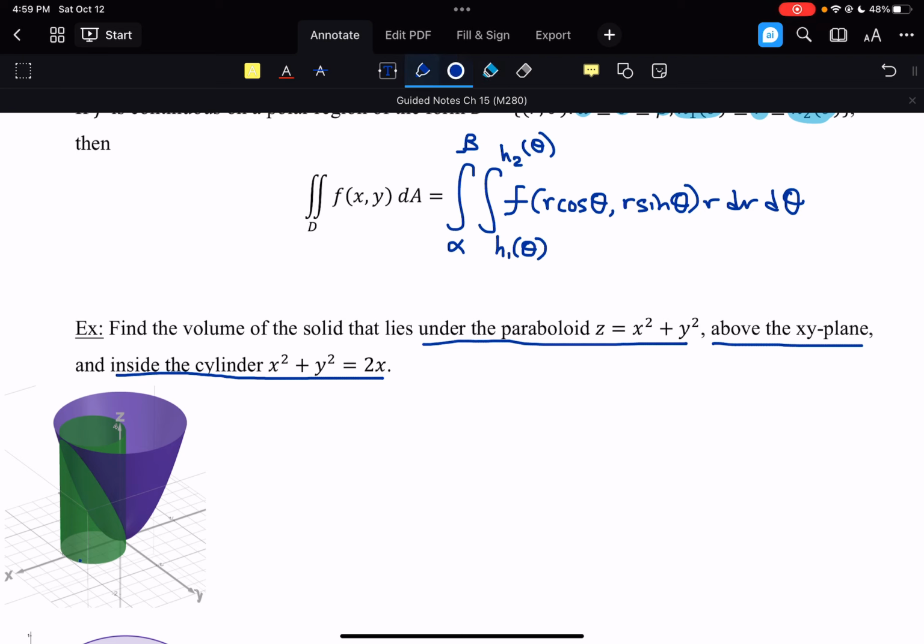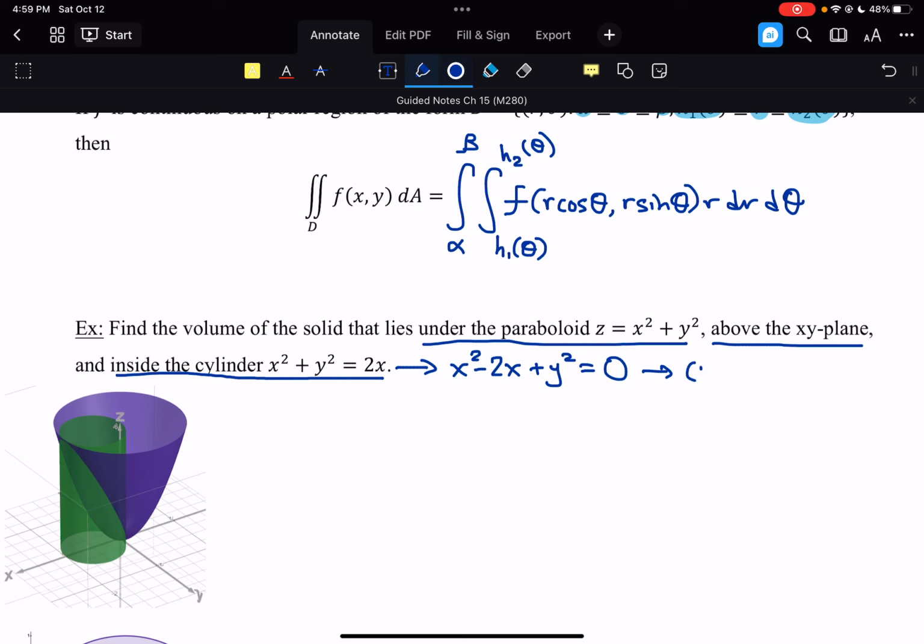In terms of where this region is, without the benefit of a graph necessarily, we would need to play around with this a little bit. What we could do is subtract over the 2x, and then complete the square on the x's.